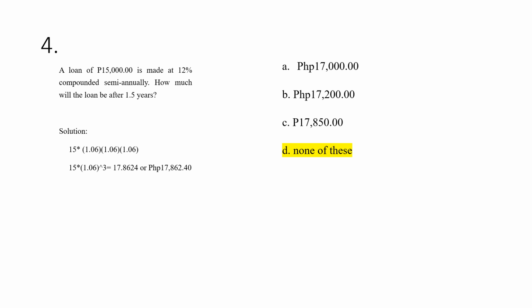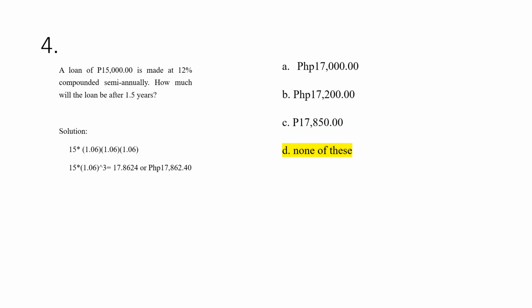For number 4, a loan of 15,000 will be given compounded interest at 12% compounded semi-annually. So the interest is imposed every 6 months. For the loan value after 1.5 years, that means we will impose 6% compounded interest 3 times.